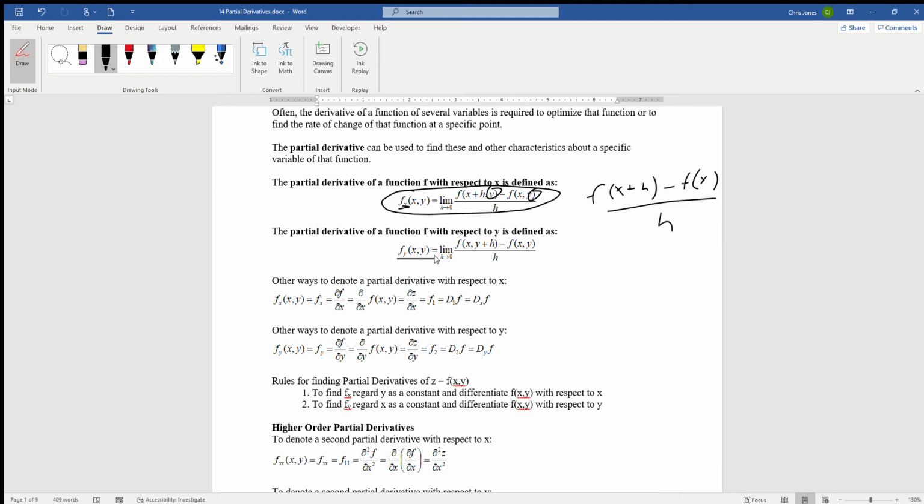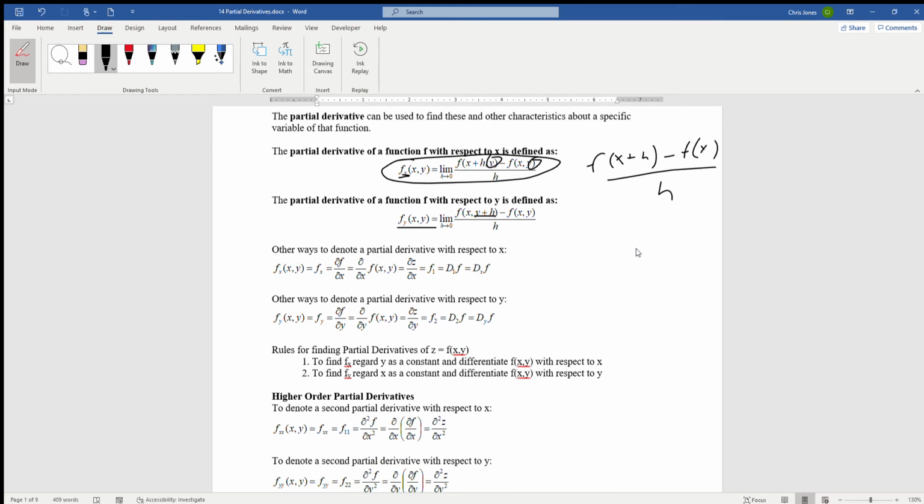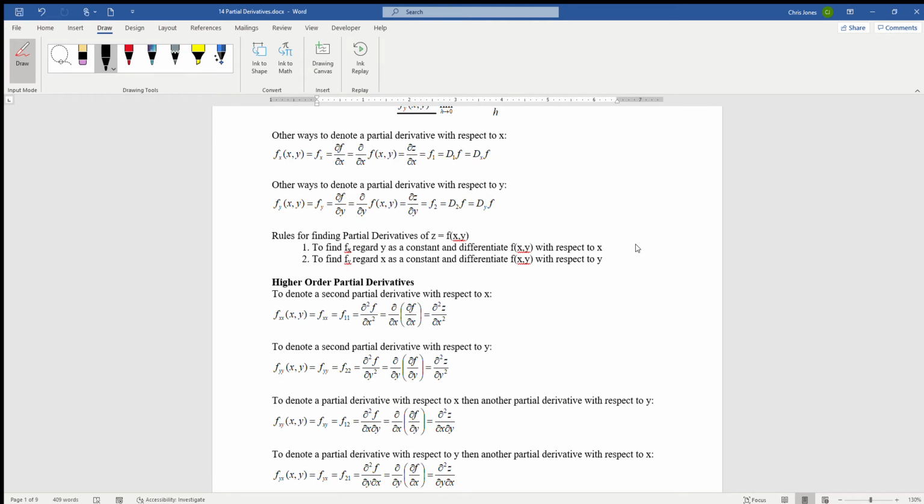Partial derivative with respect to y, we're going to do the same thing except make it y plus h. Again, we could use the definition of derivative, however, we're not going to. Just to make sure we all understand the different notations, all of the following mean the partial of the function f with respect to x. So whenever you see f sub x, that means you're taking the partial with respect to x.